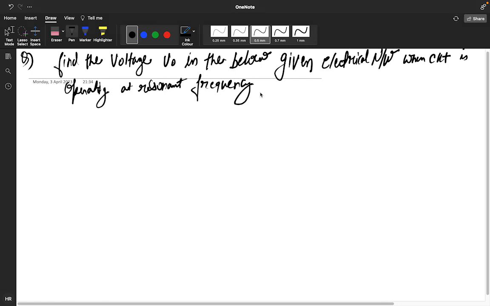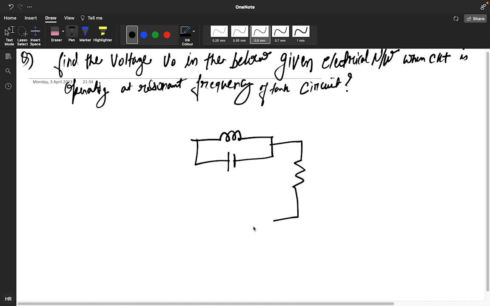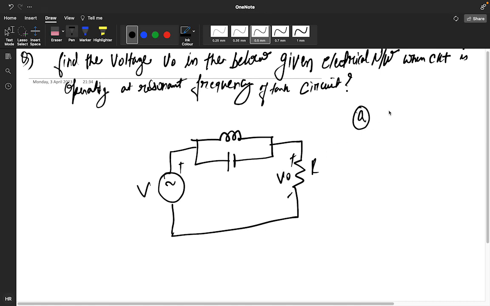Okay, resonance frequency of tank circuit. And you have a tank circuit like this. This is your ideal tank circuit, suppose. And you need to find the value V. Your option is, this particular is your R, and this value you need to get. A is V by 2, B is V, and C is 2V, and D is 0.